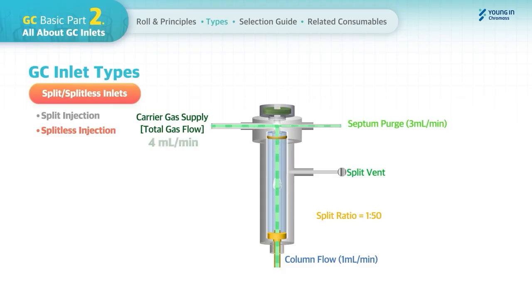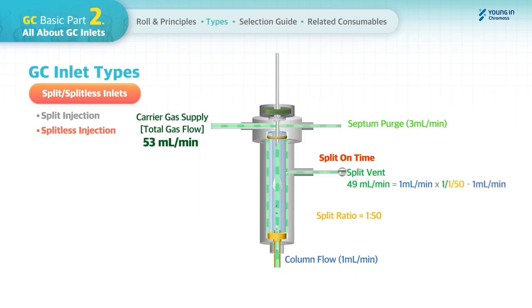Then the total gas flow would be 4 milliliters per minute. After sample injection, the sample will remain for a while in the liner and then enter the column. Before the split on time, the split vent line is closed. Once the time reaches the split on time, the split vent line will be open and the total gas flow rate will be changed and split accordingly.